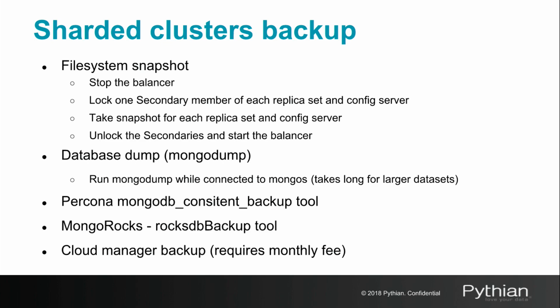Then we take snapshots for each replica set and config member, and at the end we unlock the secondaries and start the balancer. However, with this process of backups, we may not run a consistent backup which will represent a single point in time backup.